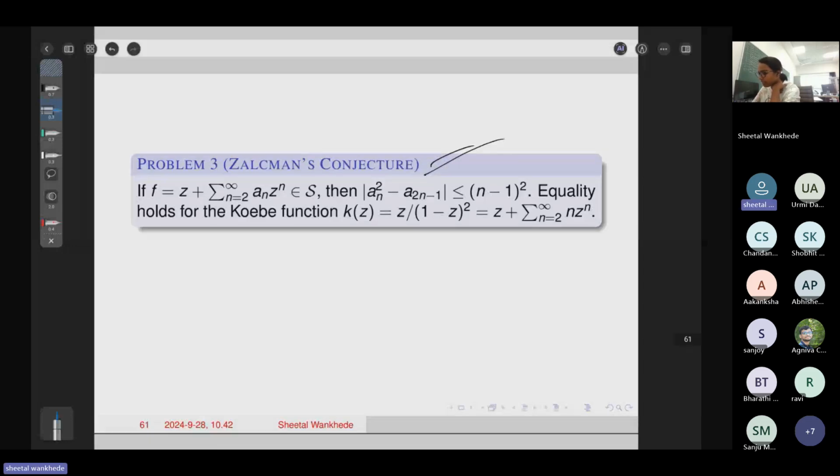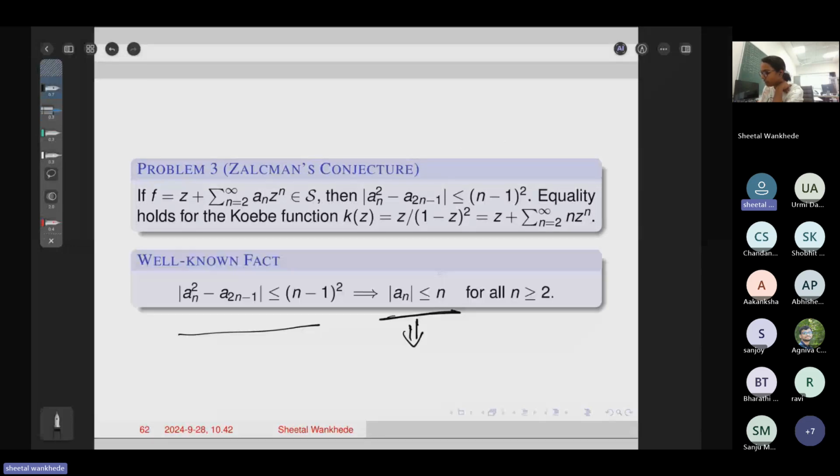The importance of this Zalcman conjecture is that it was used to prove a very important conjecture called the Bieberbach conjecture, which I'll mention later. This is the basis of univalent function theory. From there, the development of univalent function theory started.